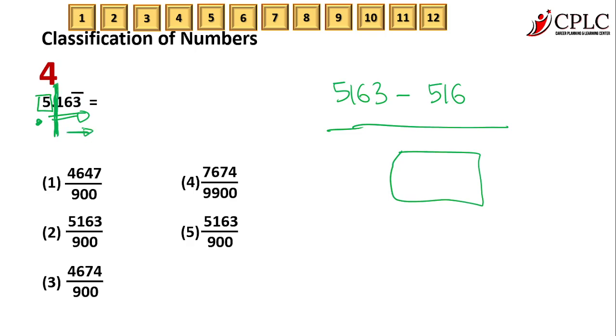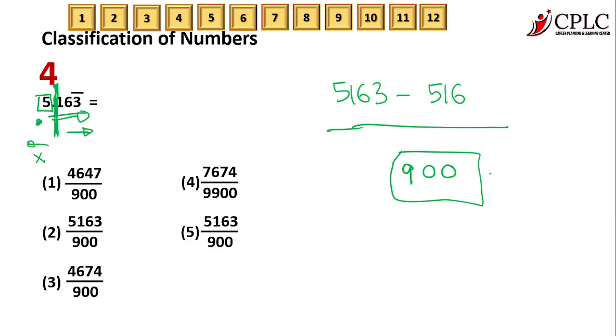After the decimal, whatever the status is, we only consider that, not before the decimal. So after the decimal, what is the scenario? There is one recurring digit, so there will be one 9 because 3 is recurring, and there are two non-recurring digits, 1 and 6, so there will be two zeros.